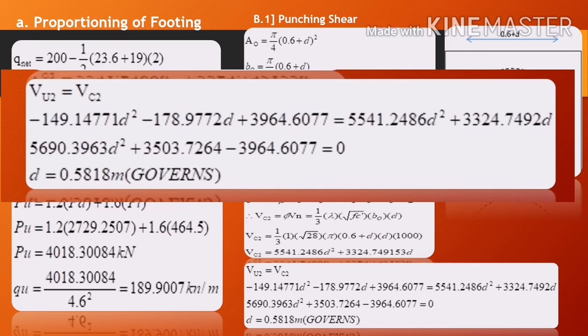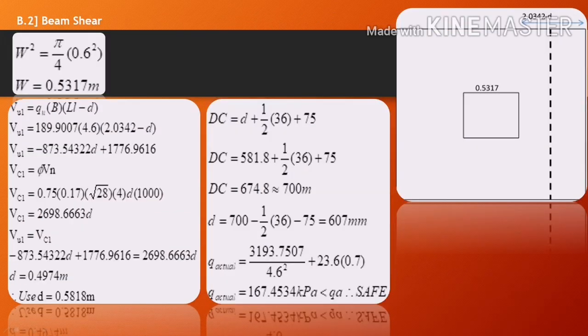So, therefore, the value of D is equal to 0.5818 meters. So now, let's go to the beam shear.